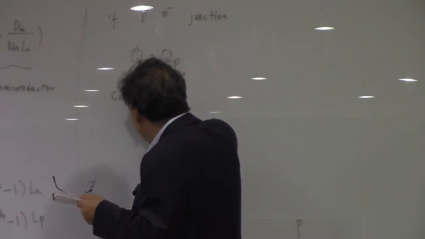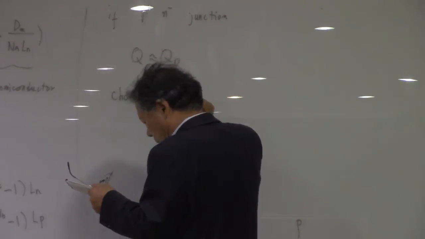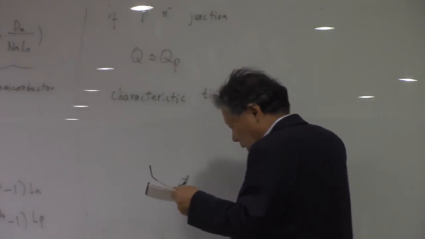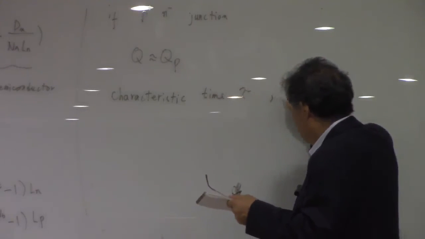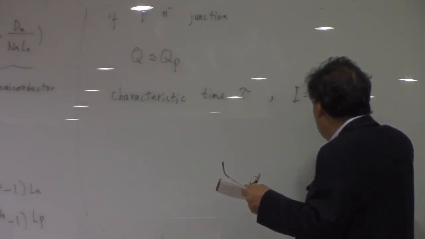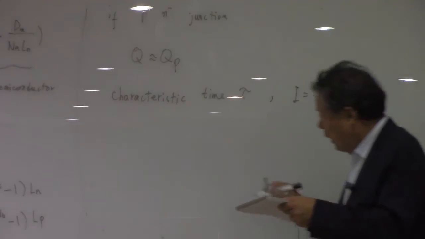The characteristic time tau is defined such that the current is going to be the charge over the characteristic time.